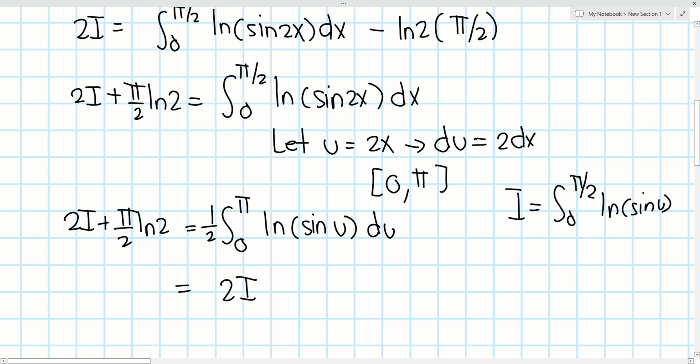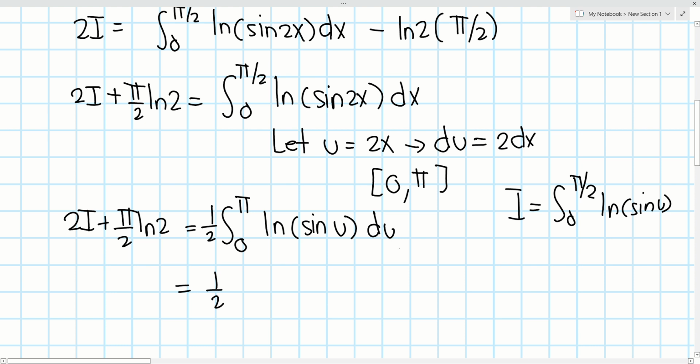We have to divide by 2, because our du is 2dx, therefore it should be 1/2 ln sine u du. So we have 1/2, and then this is equal to 2I via the same reasoning of symmetry.